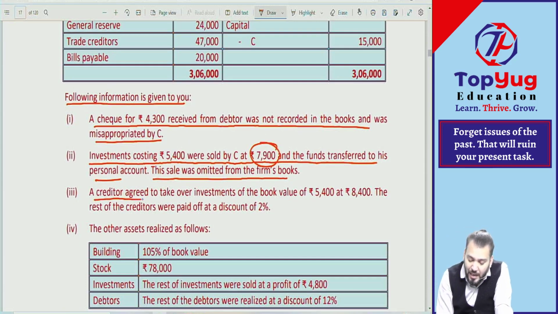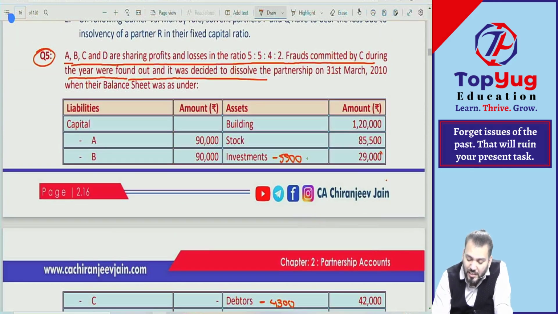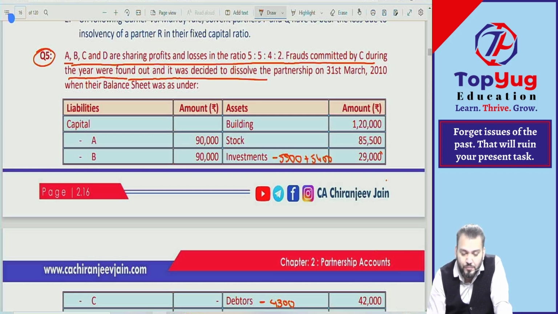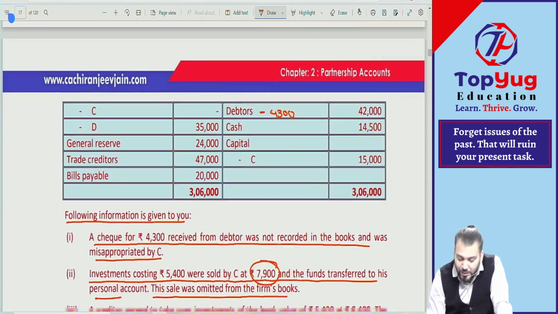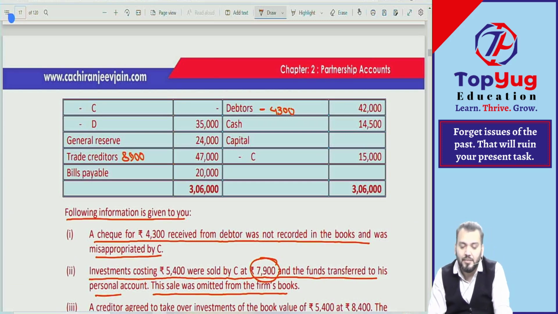A creditor agreed to take over investment of book value 5,400 at rupees 8,400. Means a creditor has taken investment of book value 5,400 at an agreed value of 8,400, so the creditor will reduce by 8,400.